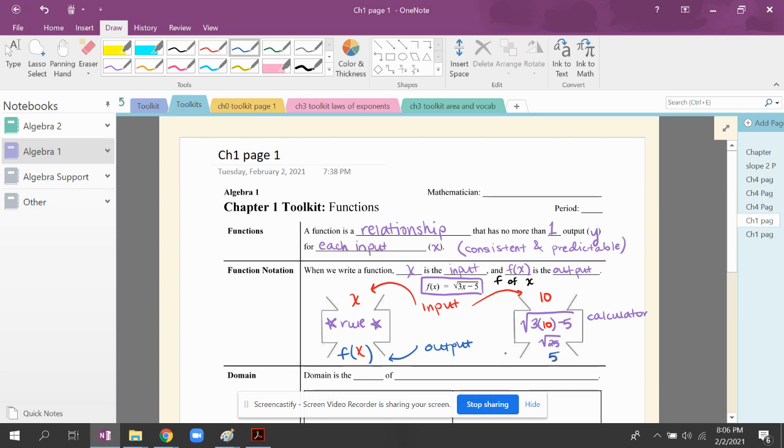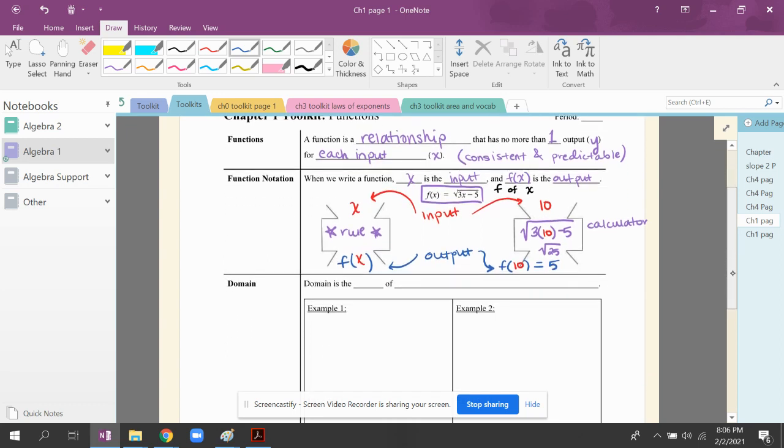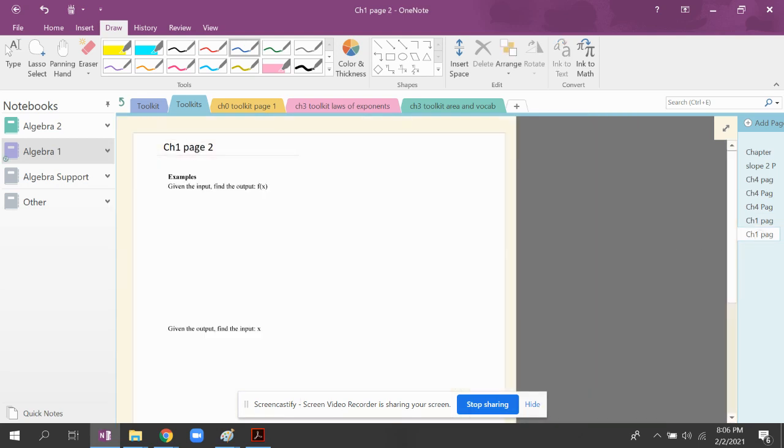And we can write that as f of 10 equals 5. That is our output. We're going to talk more about domain and range in the future. So for right now, I'm going to move on to the second page of chapter 1.